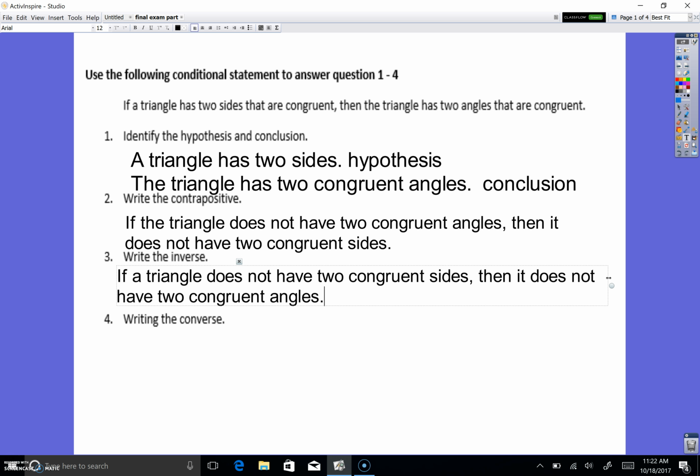Okay? And finally, we talk about the converse. The converse is, remember, we just have to switch.